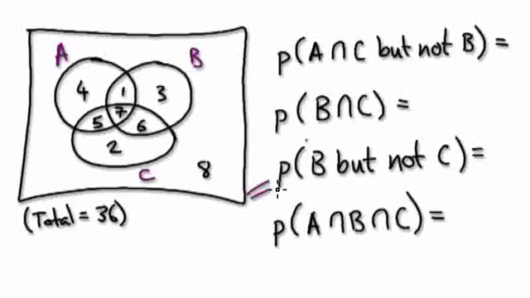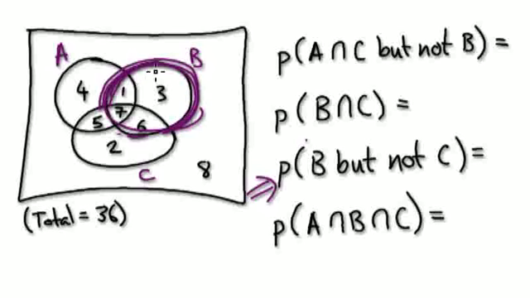This one here, probability of B but not C. Well, anything inside here is B, but you don't want C. Well, this bit here is C, so you've got to get rid of this bit here. Hang on, let me illustrate it properly.